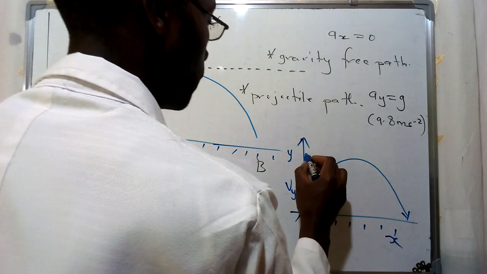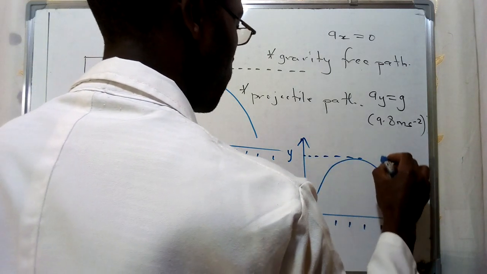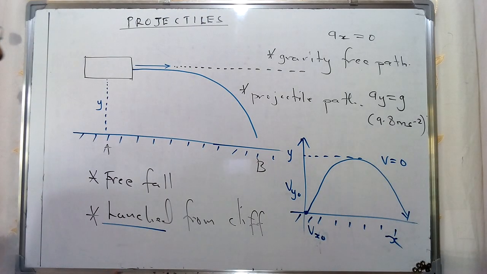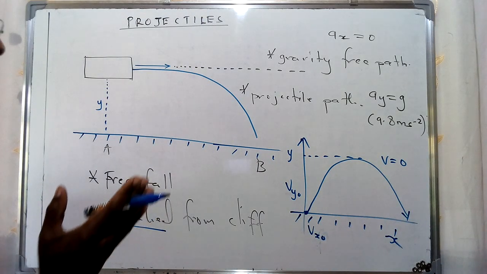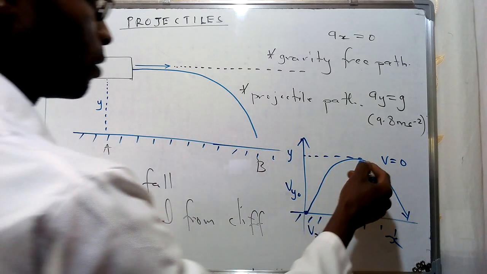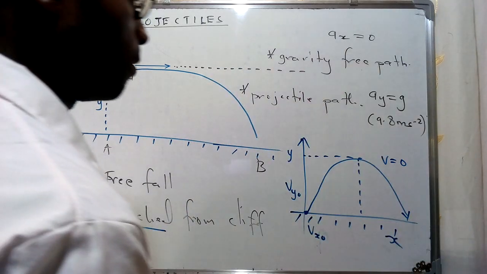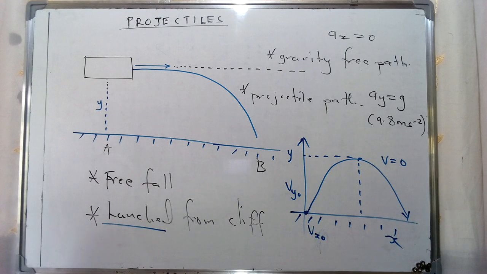So at a particular point, we're going to see that this specific velocity is going to be a zero value, whereby the object is not going to be accelerating anymore, and then it's going to start assuming a free fall from this specific level.